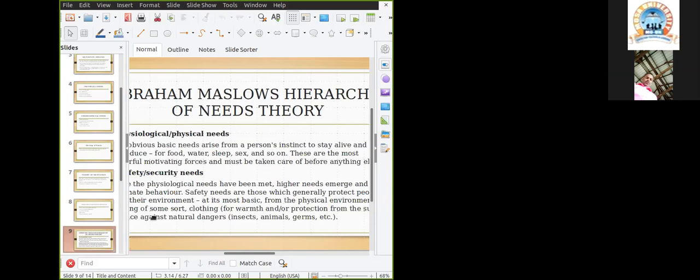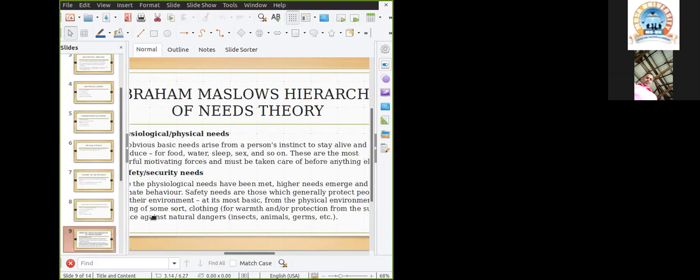Again, we cannot survive as human beings if we can't have water. Sleep. We can't survive as human beings if we can't sleep. So food, water, and sleep are the basic needs for any human being to stay alive and reproduce and go on with their own lives.